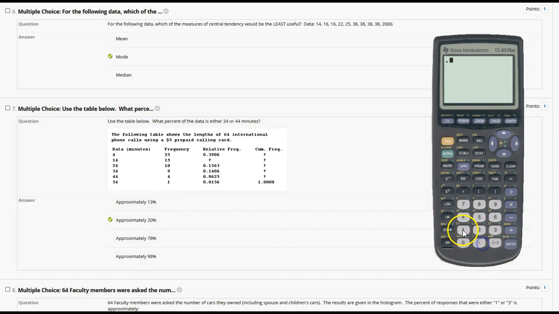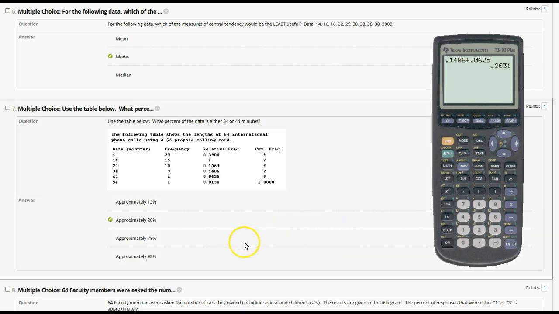It's 0.1406 plus, let's add the 44, which is 0.0625. Add those together, we get 0.2031. Change the decimal into a percent, 20.31%, approximately 20%.